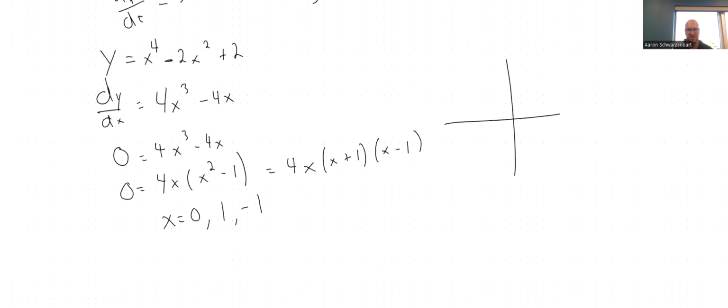The book shows what this looks like, but I know that this is opening up. It's a quartic opening up because it's a positive quartic, right? Horizontal tangents occur at extrema, local maxes and mins. So I have a rough sketch. With the information I have, I didn't know that this left one would be lower than the right one. Wait, it shouldn't be.